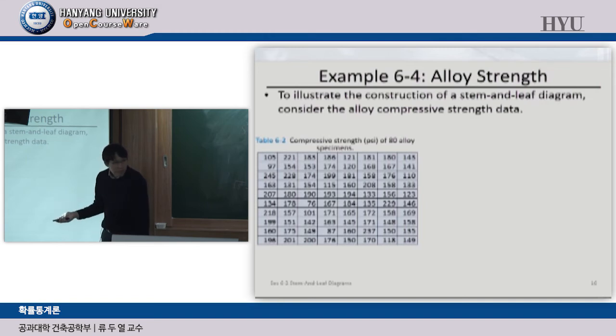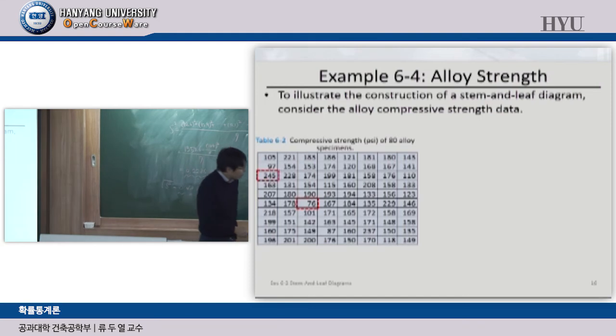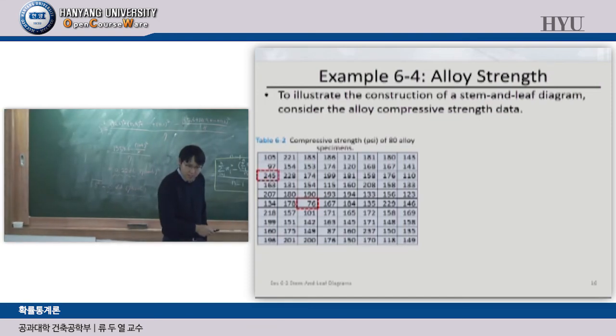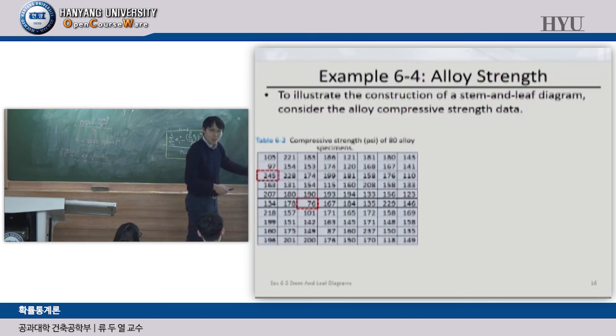From this table, the minimum value is 76 and the maximum value is 245. As you can see, all the data points have at least 2 digits, so we can use the stem and leaf diagram.